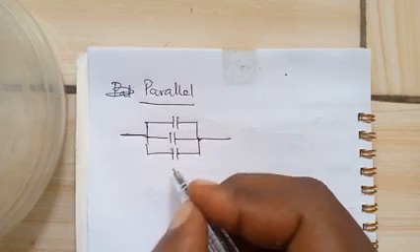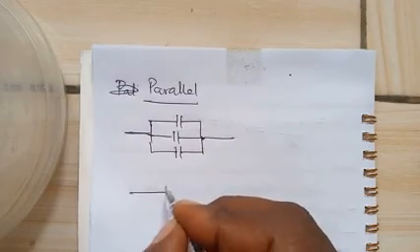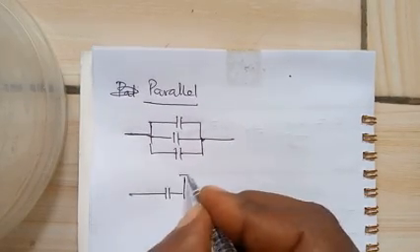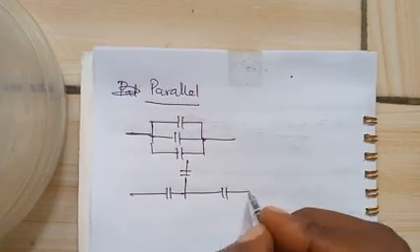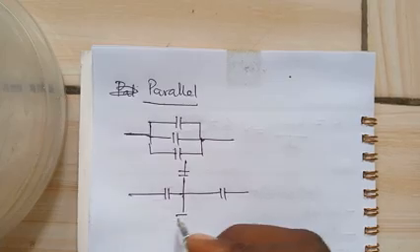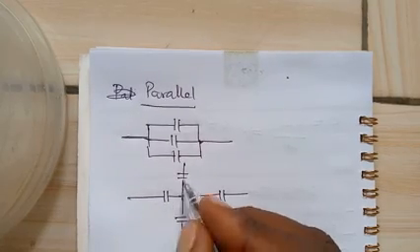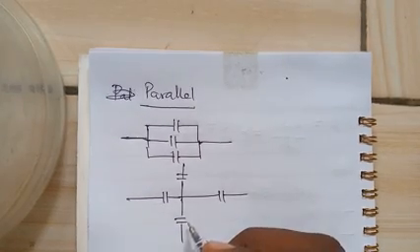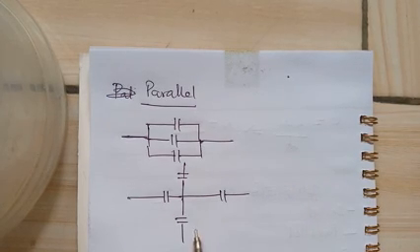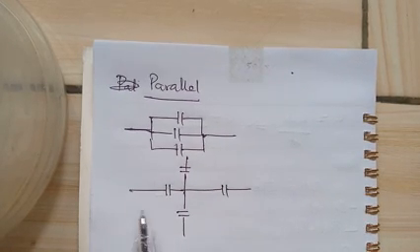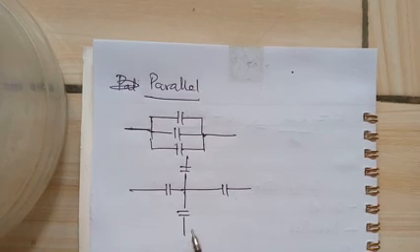Then they are in parallel, or they don't experience the same charge. Now, when they are in series, remember, they experience the same and equal charge. But when they are in parallel, voltage is the same.